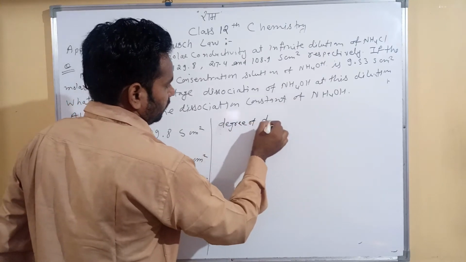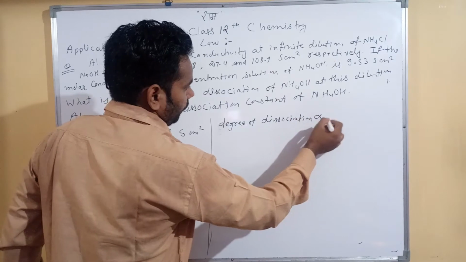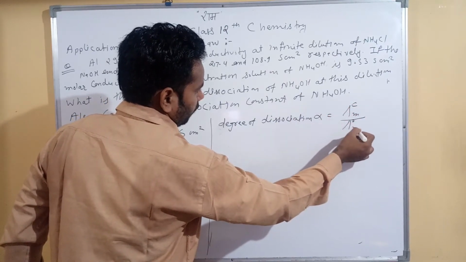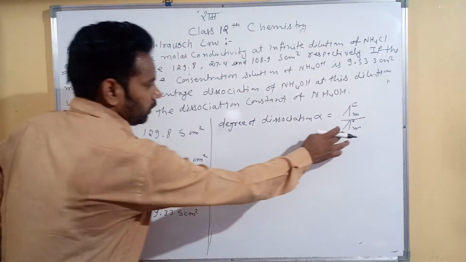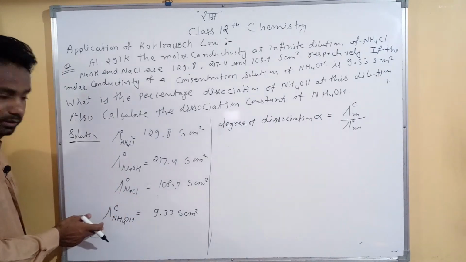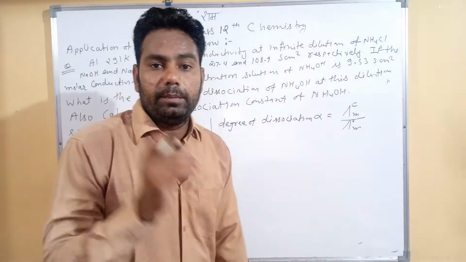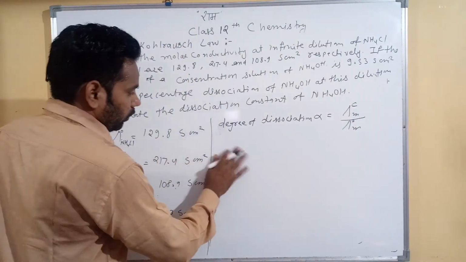Degree of dissociation alpha is equal to the molar conductivity upon the limiting molar conductivity. I don't know the limiting molar conductivity, but I have the given concentration's molar conductivity, 9.33. So first I calculate the limiting molar conductivity by Kohlrausch's law.